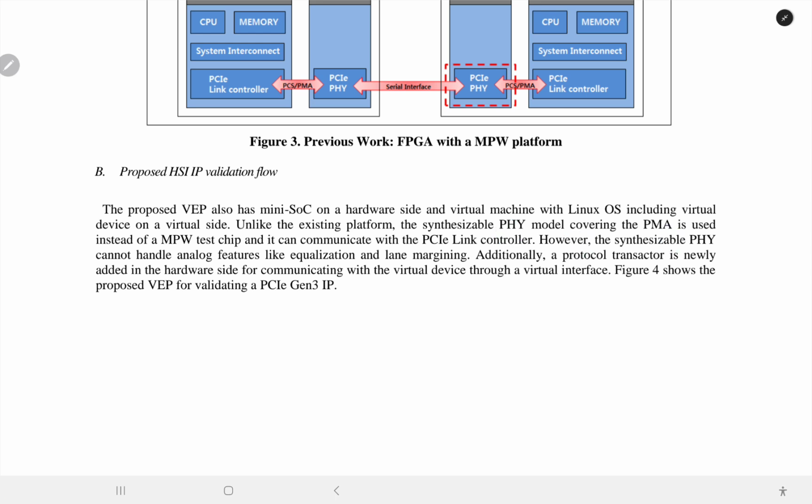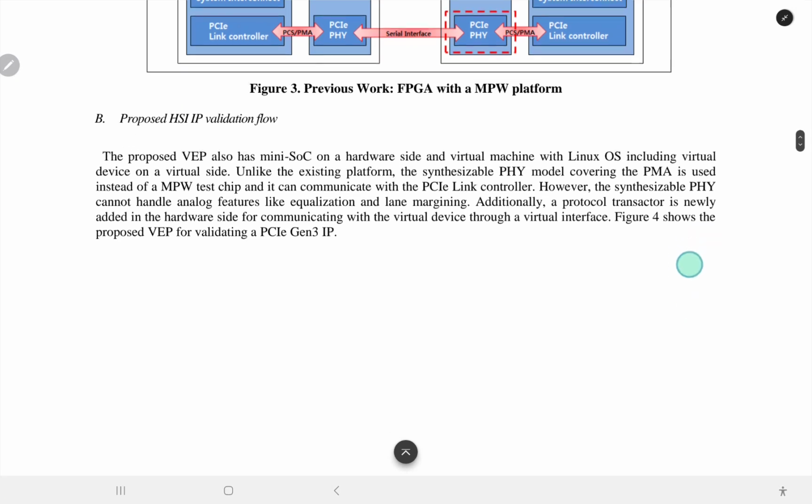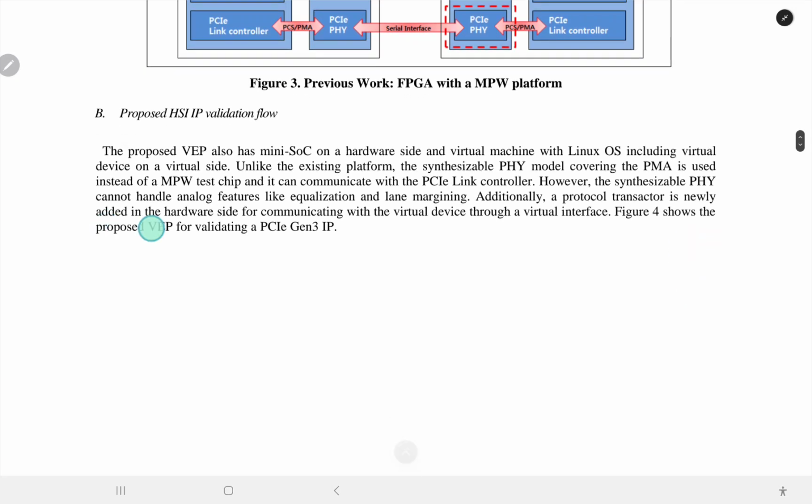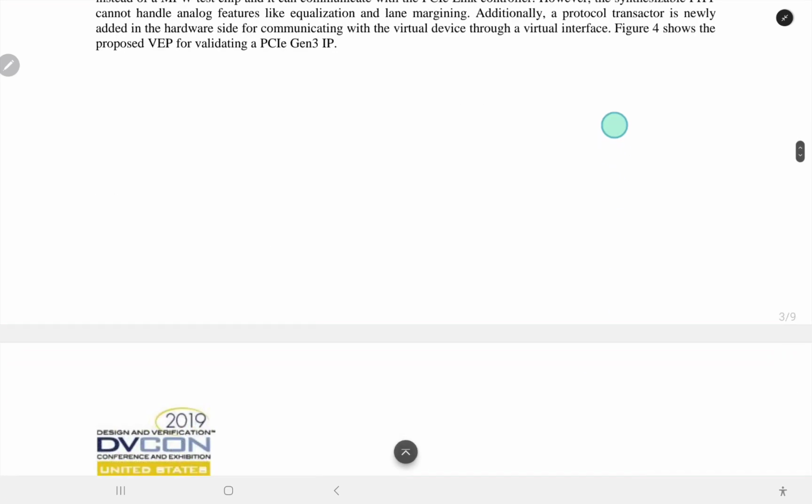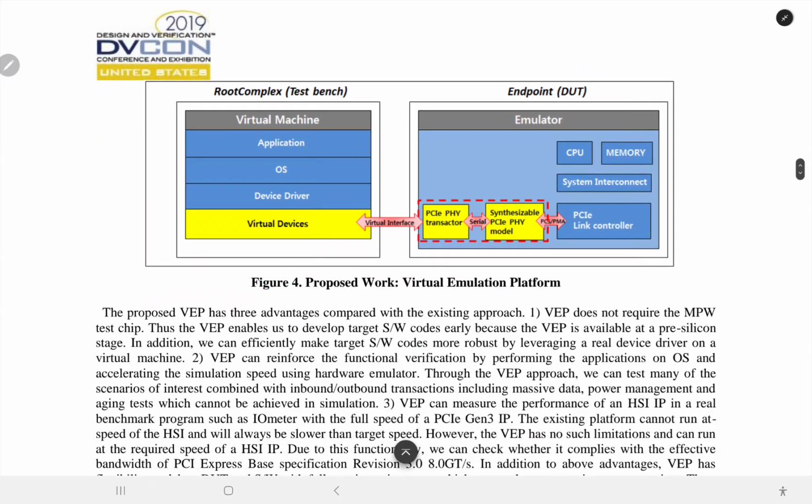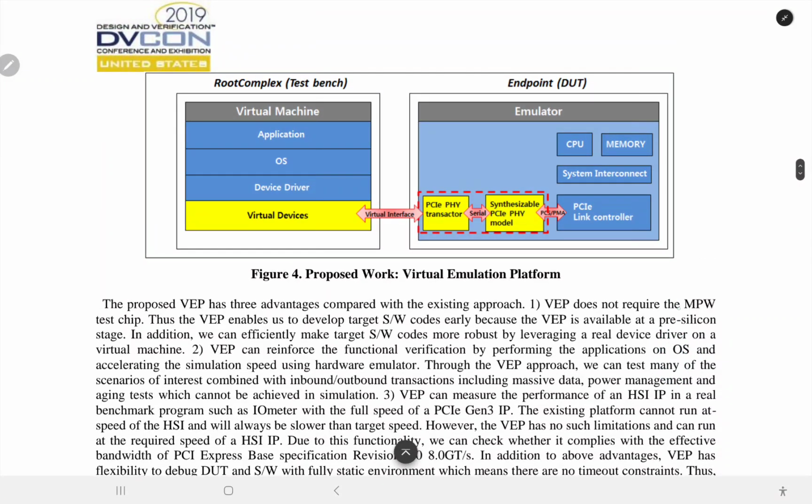However, the synthesizable PHY cannot handle analog features like equalization or lane margining. Additionally, a protocol transactor is newly added on the hardware side for communicating with a virtual device through a virtual interface. Figure 4 shows the proposed VP for validating a PCIe Gen3 IP. Figure 4: proposed work, virtual emulation platform.